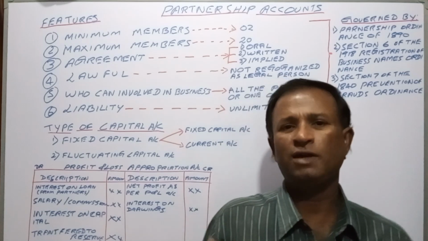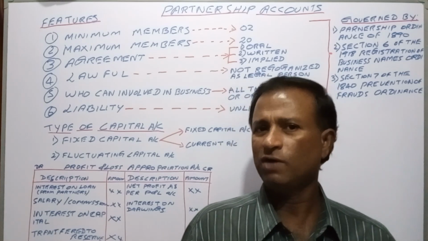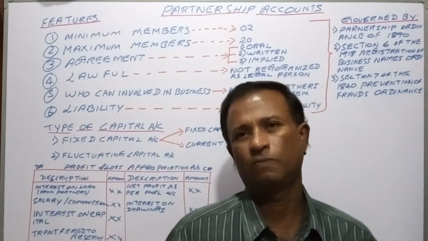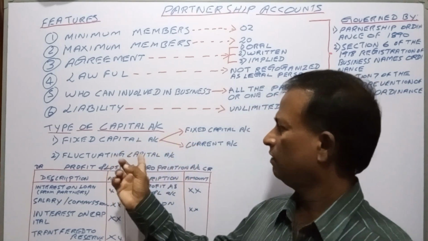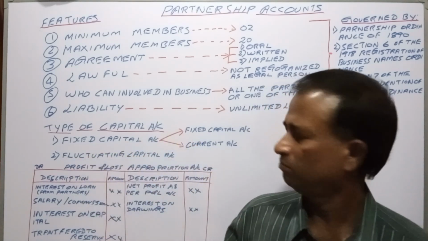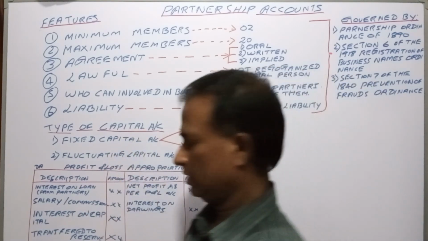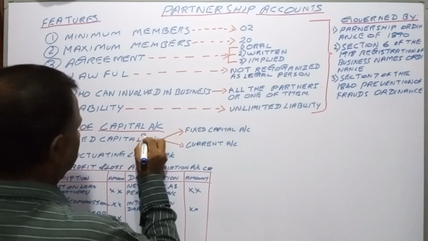The second method is the fluctuating capital method. Fixed capital method and fluctuating capital method. I should put method here, right? Fixed capital method.